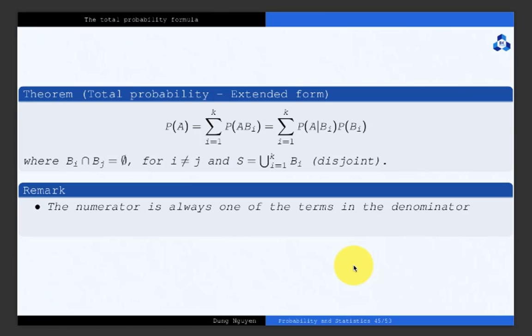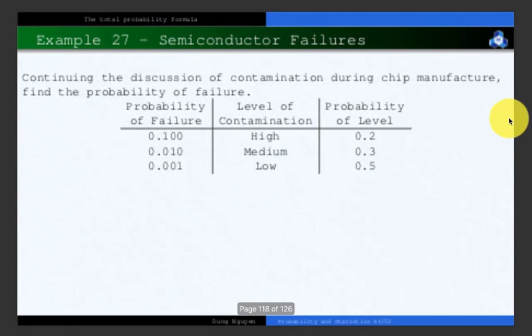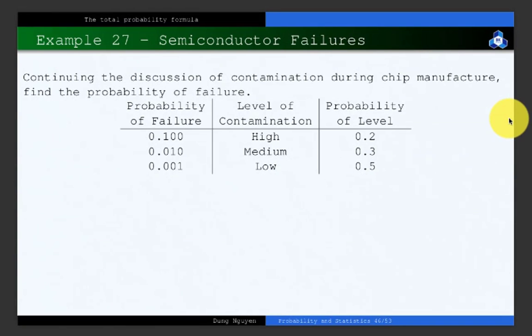Now, what if there are more than 2 events? Then the answer is yes, you can generalize the total probability formula. But you have to remember that all the events B_i are disjoint, and the union of those B_i should be the whole sample space. Let's consider the following example.